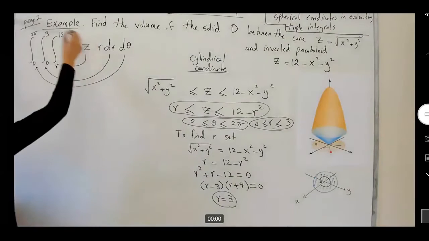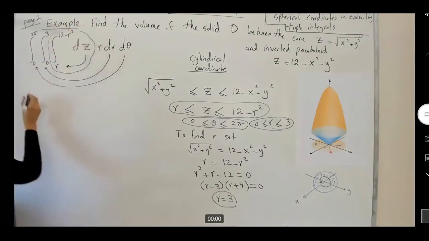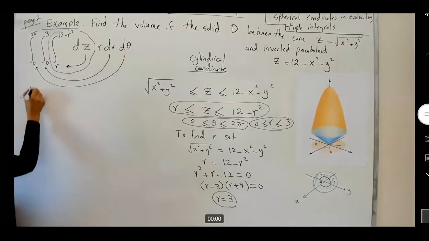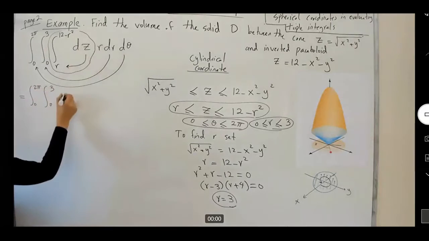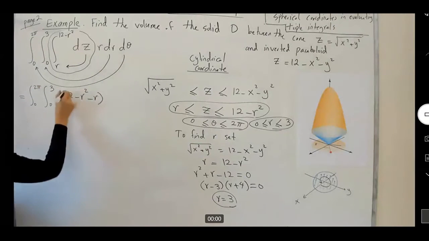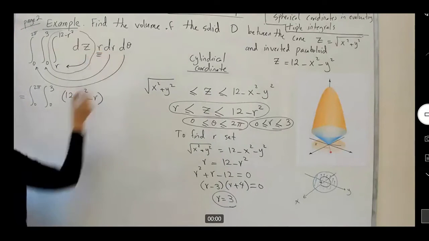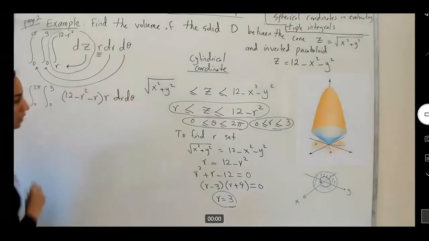Very well, let's calculate the middle integral first. Here I have 0 to 2 pi, I have 0 to 3, and I have 12 minus r squared minus r. Remember, you have another r here, so r dr d theta.